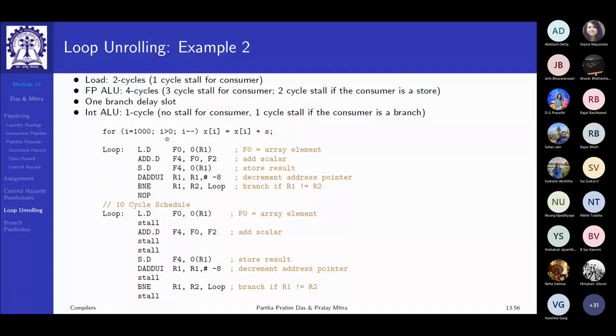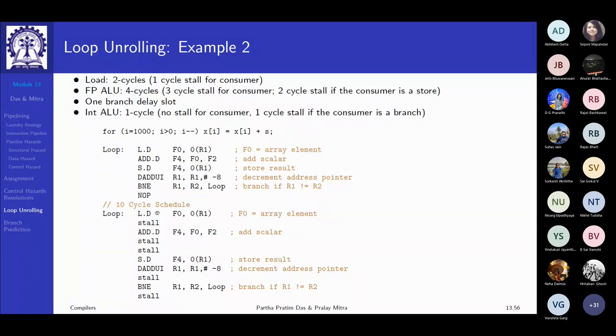And then I will have the branch, which will stall again. So this is what I get if I put the different hazards into perspective and use stalling to make the code correct.